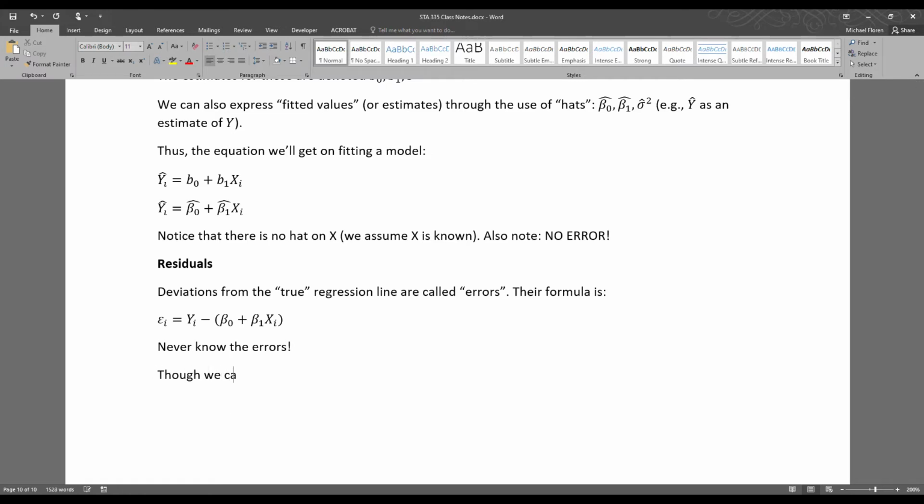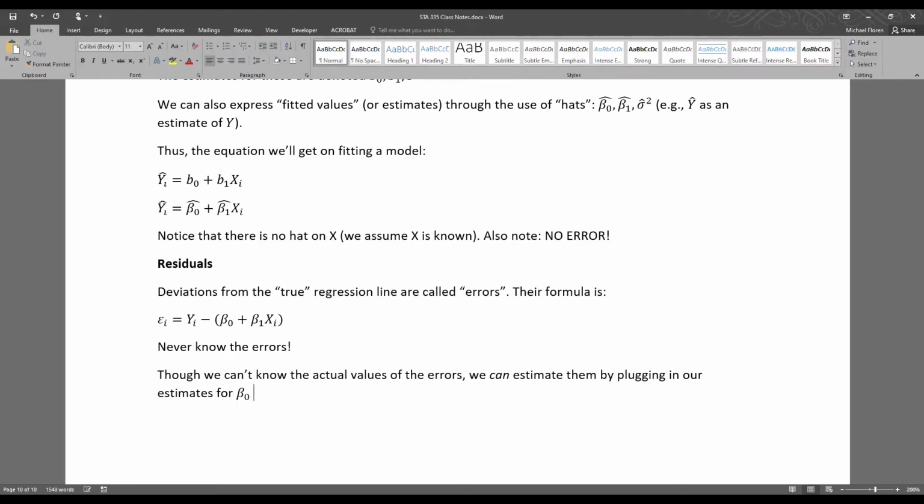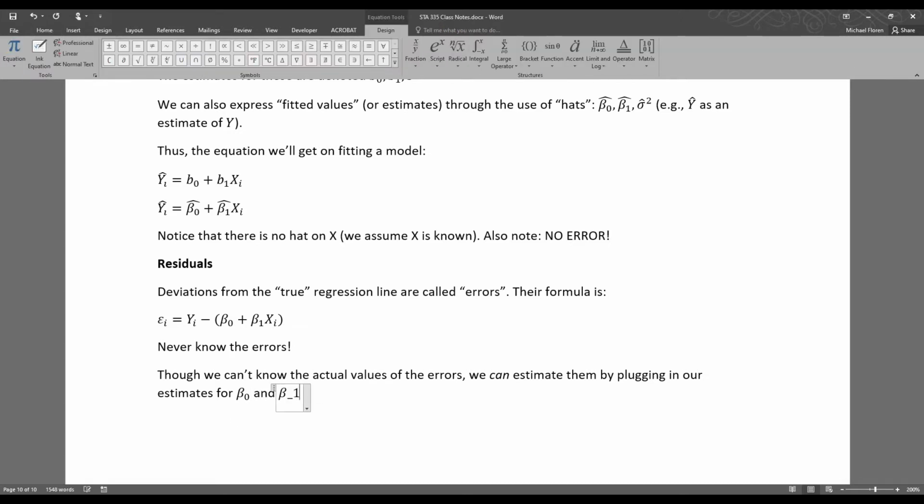That said, though we can't know the actual values of the errors, we can estimate those values by plugging in our estimates. So recall, we just did something where we were talking about how we're going to denote estimates for beta 0 and beta 1.